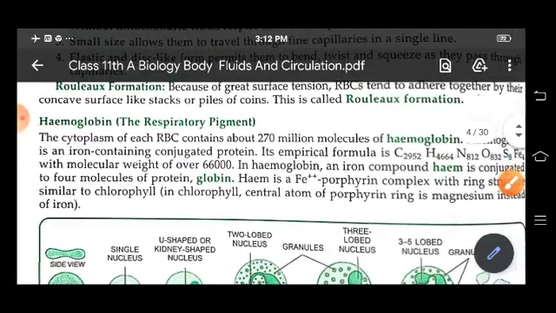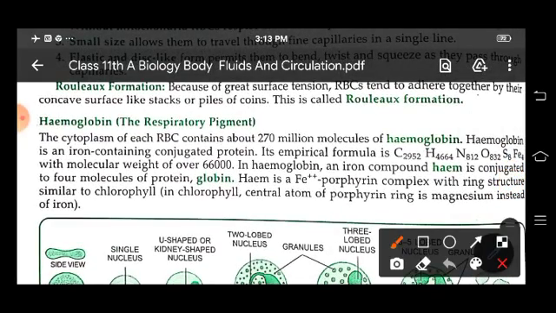Now its formula is C2952, H4664, N812, O832, S8 and Fe4. The iron part of the hemoglobin is known as hemin, and the protein part is known as globin.